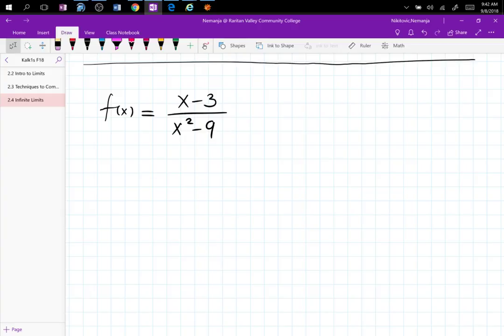No, well, this is the function. The question is, do we have any vertical asymptotes there? And what was the pre-calculus way? This is a rational function, yes. X equals 3, negative 3.